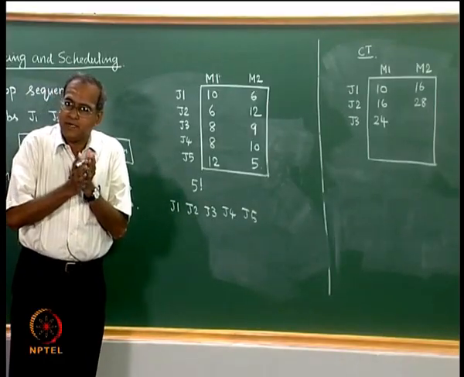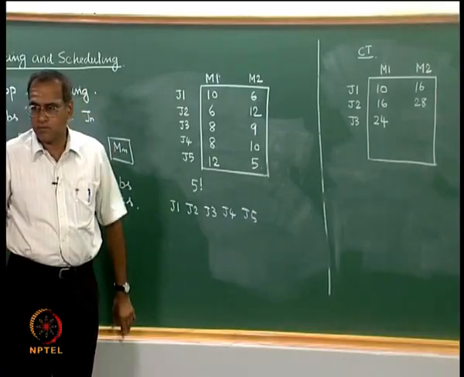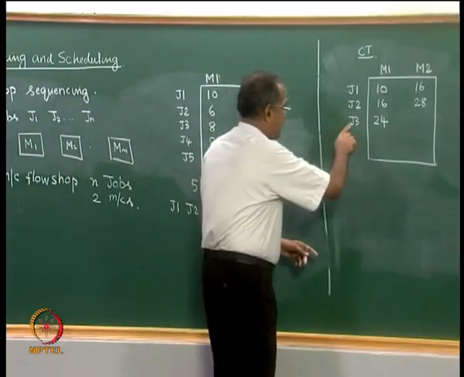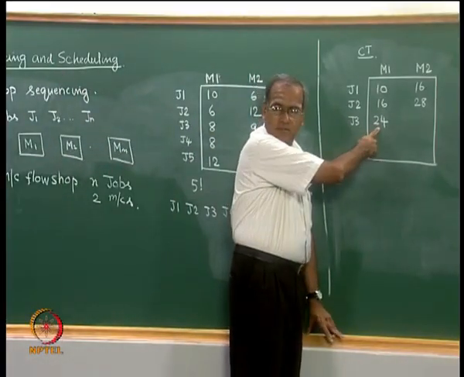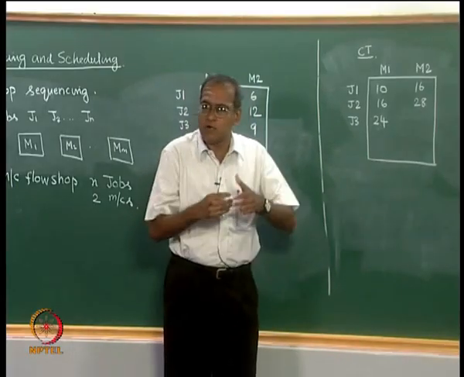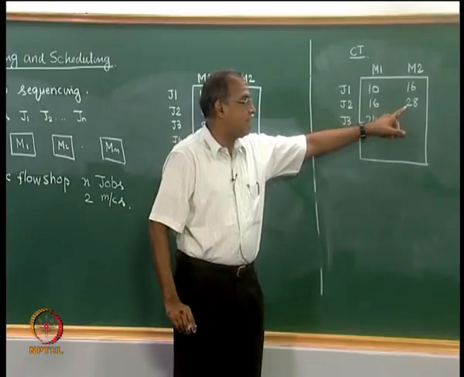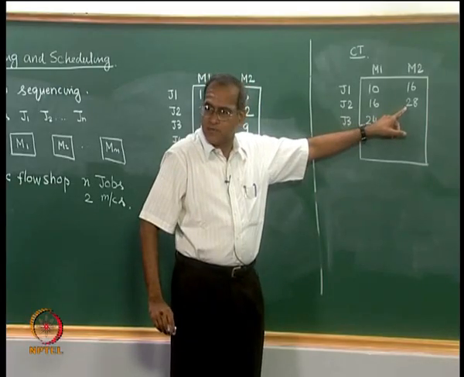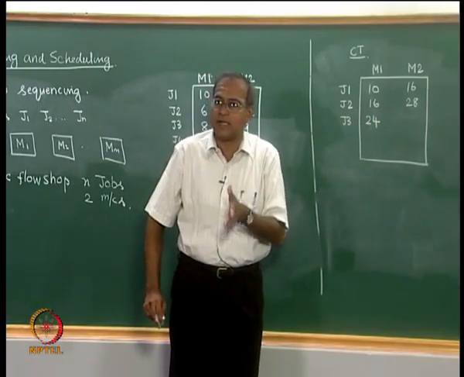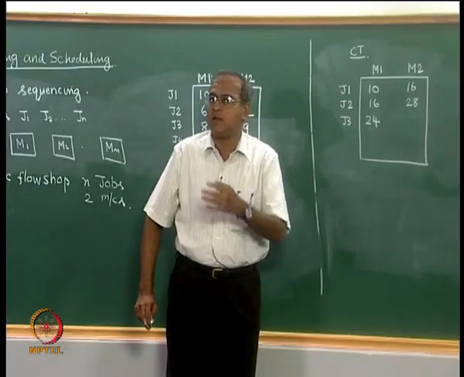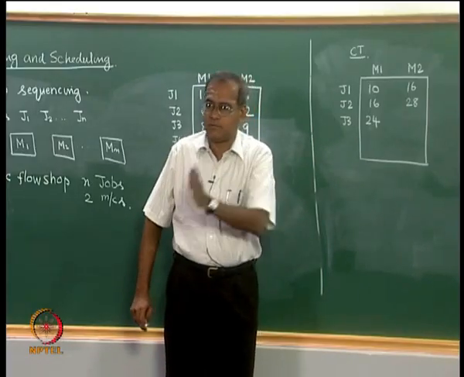Now, at time equal to 24, J3 comes out of M1 and J3 wants to use M2, but M2 is free only at time equal to 28. So, J3 has to wait for 4 units of time before it could go to M2.